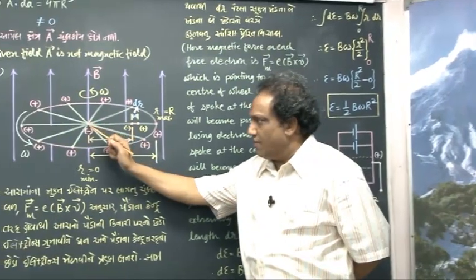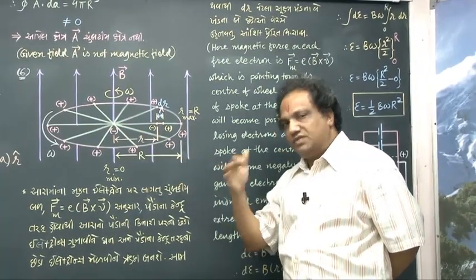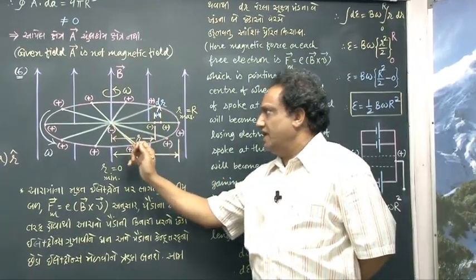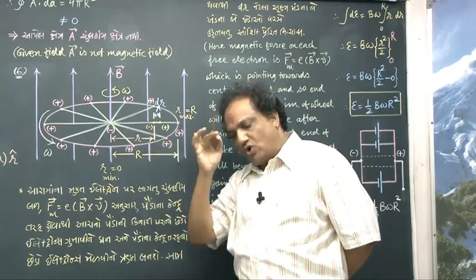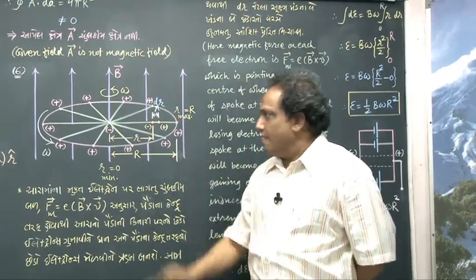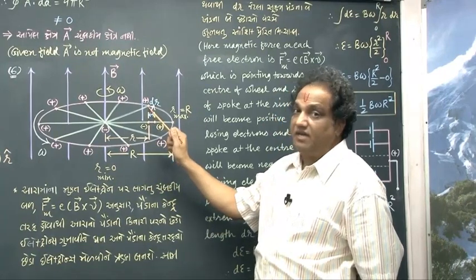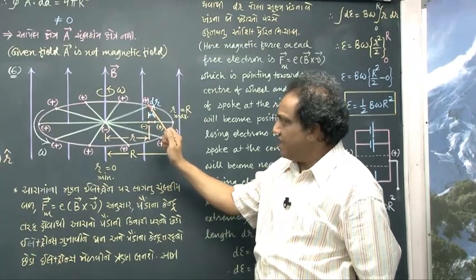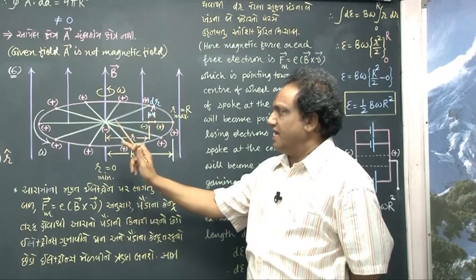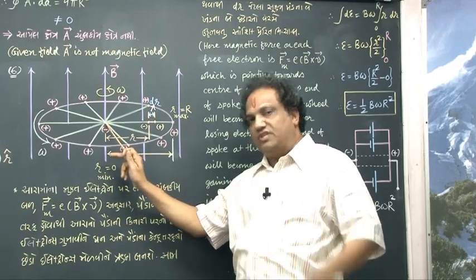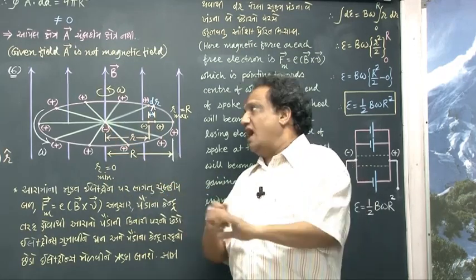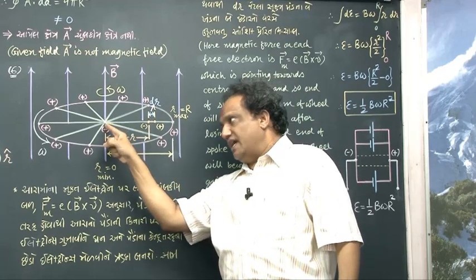Fine. Now here, one more interesting fact you must understand. The way we have talked about this particular spoke, the same way you can talk about all the remaining spokes also. For all the spokes, the end which is connected at the rim loses electrons and hence becomes positive, and the end of the same spoke which is connected at the center of the wheel, after gaining electrons, becomes negative.